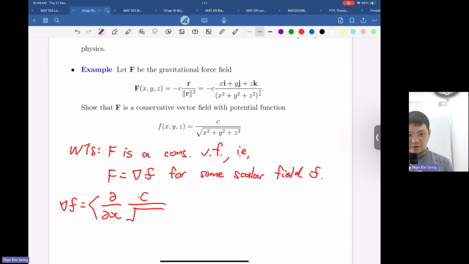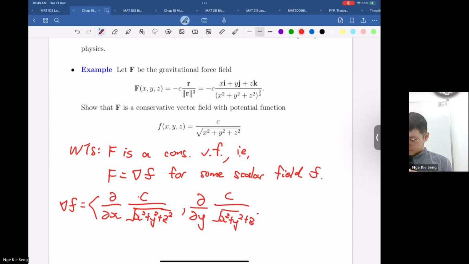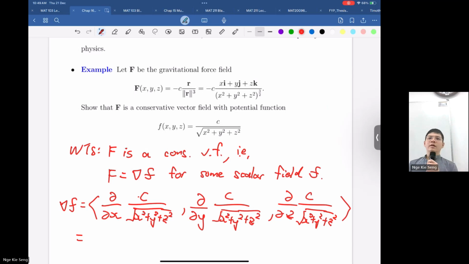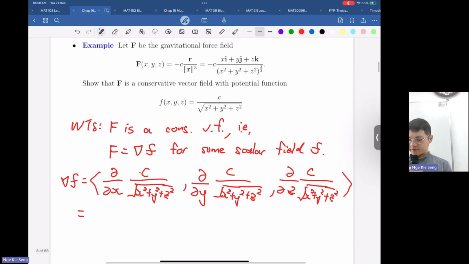You should differentiate this potential function with respect to the three directions. Okay, what do you get?